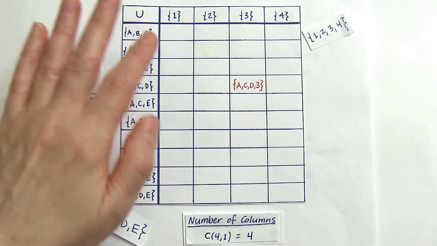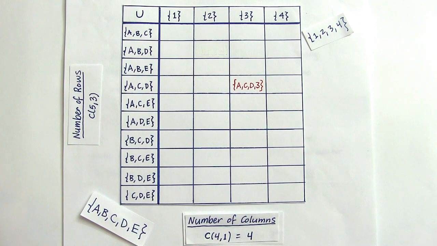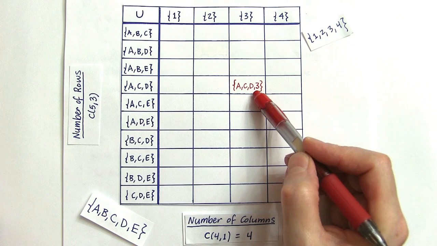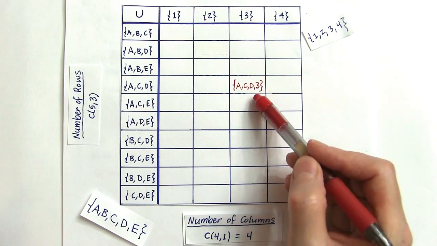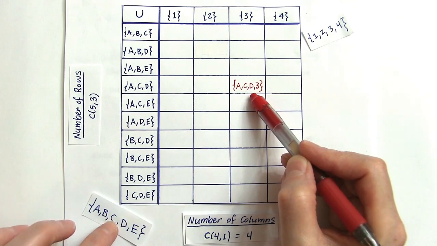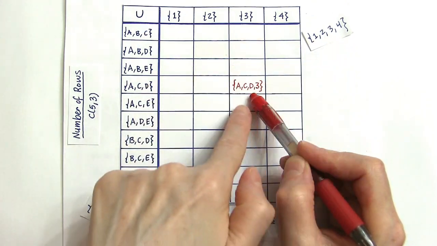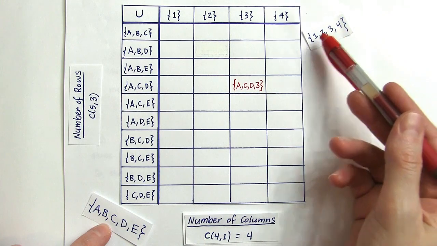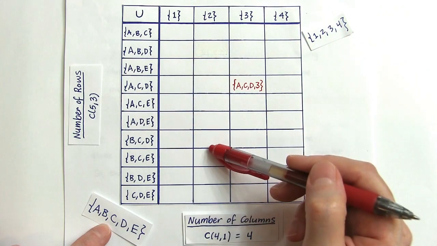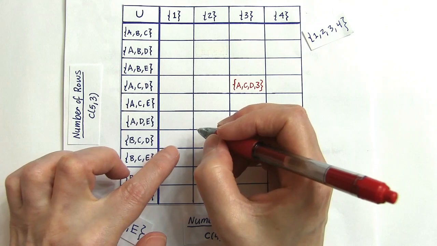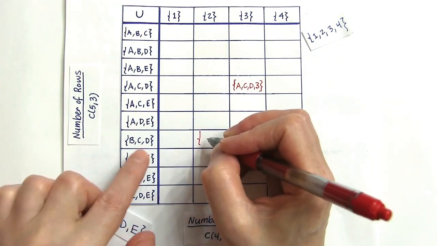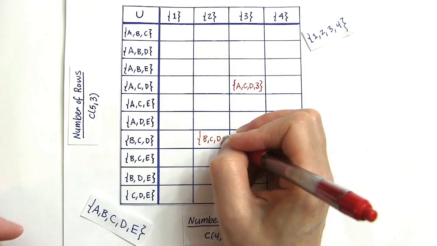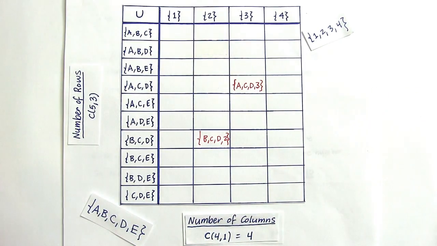Now if I take the union of any 2 of these sets, for example, A, C, D, and 3, this gives me 1 way to form a set containing 3 of these letters and 1 of these numbers. And every single possible way of doing that is somewhere in this grid. For example, here's 1 way that I could form the set B, C, D, union with the number 2.